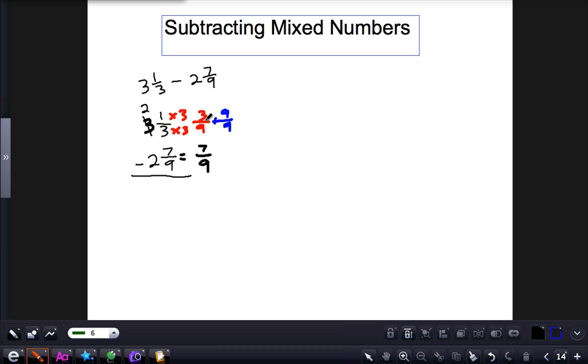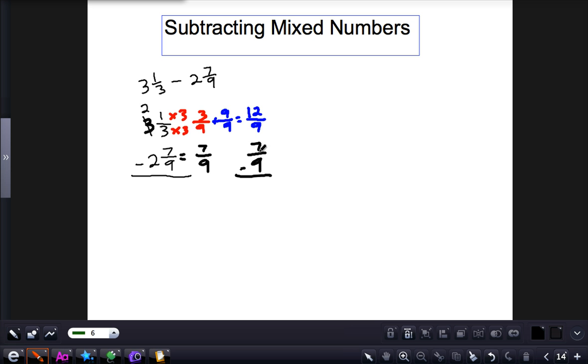I'm going to add 3/9 plus the 9/9 to get me 12/9.